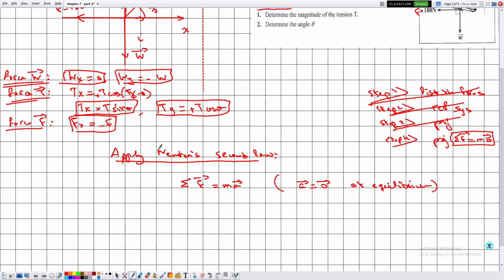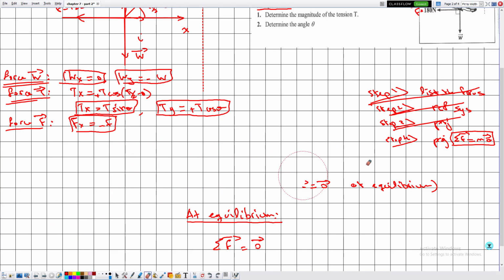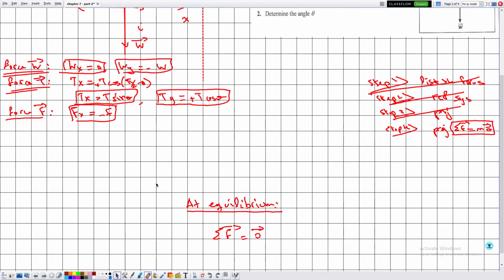Whenever the object is at equilibrium, there's no need to mention Newton's second law. We can directly say, at equilibrium, the sum of forces is equal to the 0 vector.